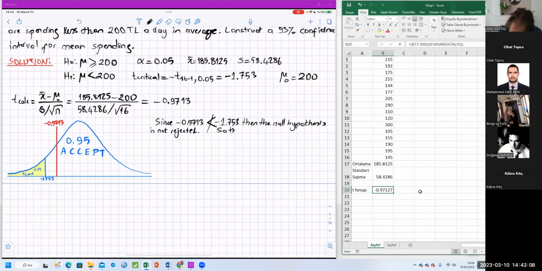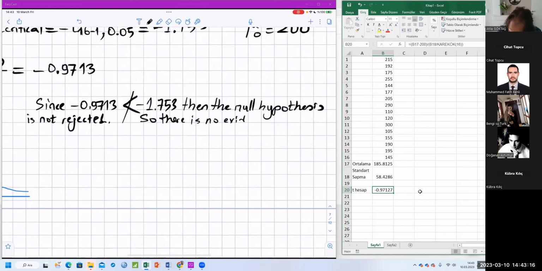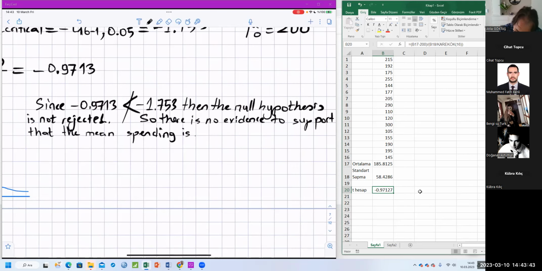So there is no evidence to support that the mean spending is less than 200 Turkish liras a day with alpha 0.05 level of significance.